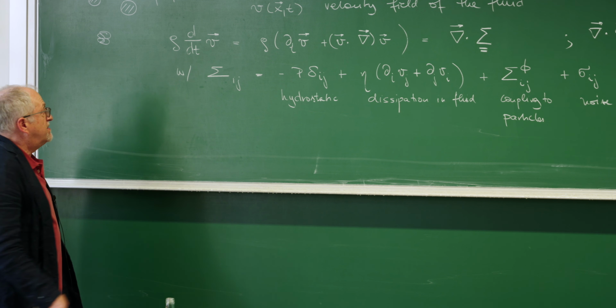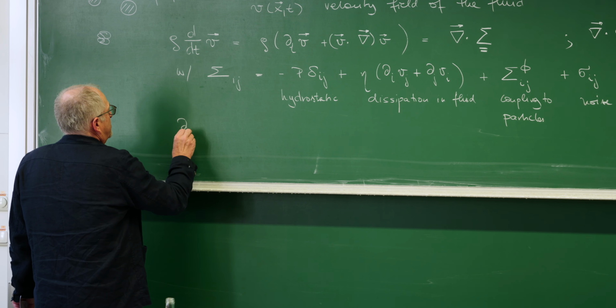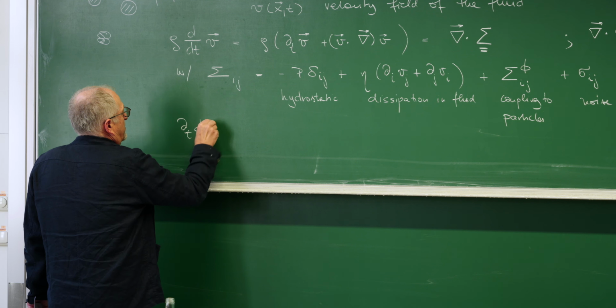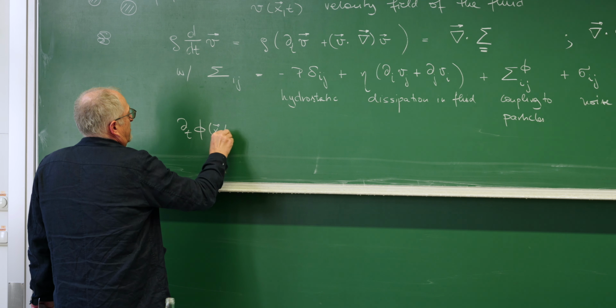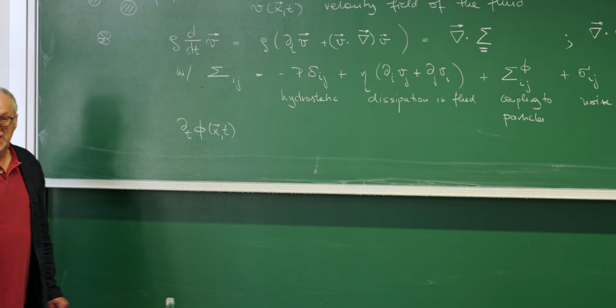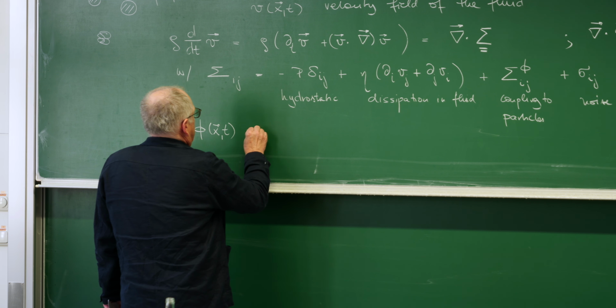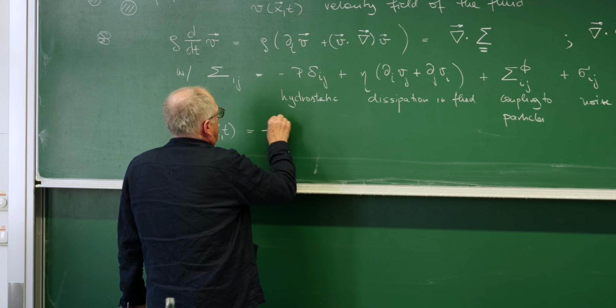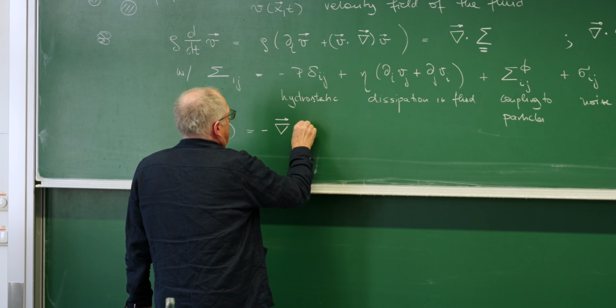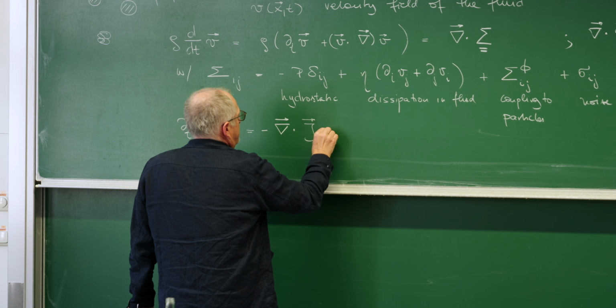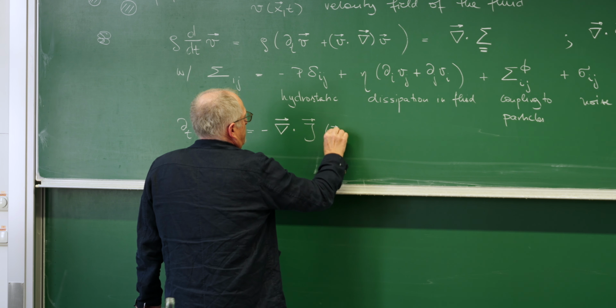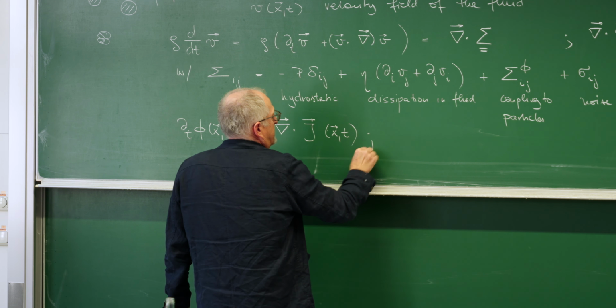Well, what about the equation of motion for our density field of our suspended particles? They are conserved, they don't die, they're not born. So this needs to be minus the divergence of a current that depends on position and time.